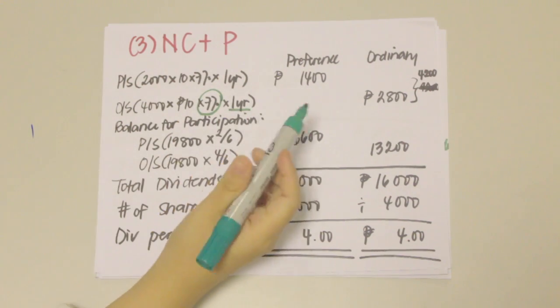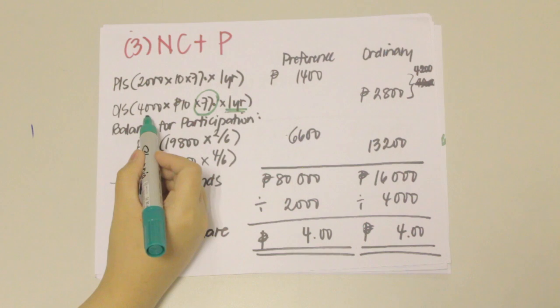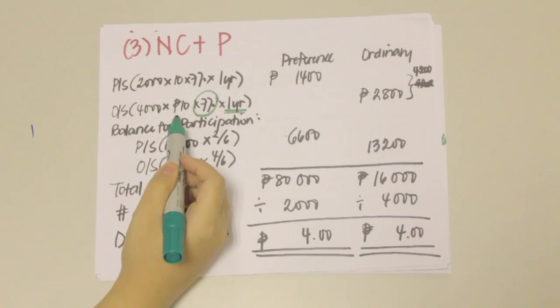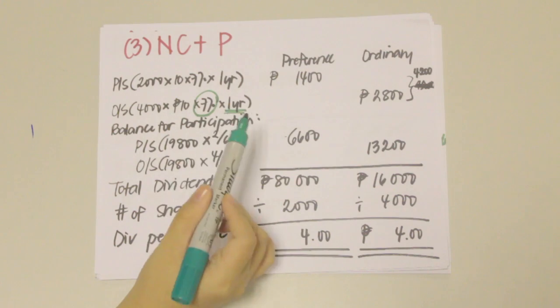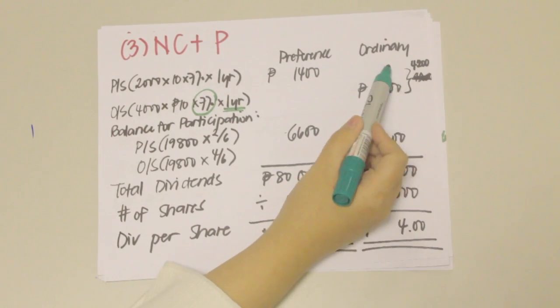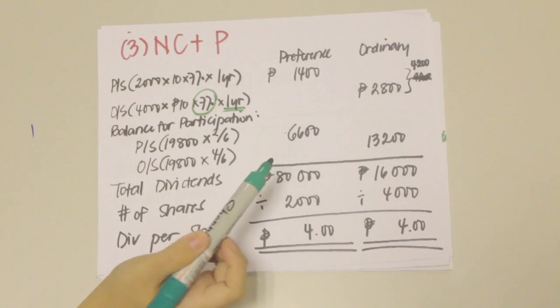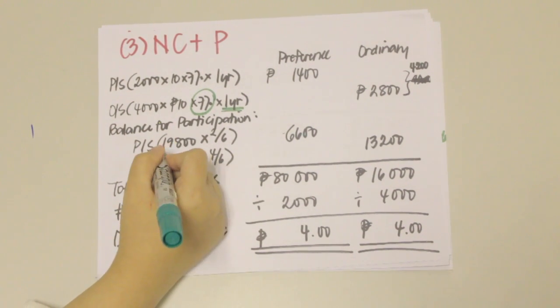But remember that we only provide for 1 year's worth. So that's 4,000 issued and outstanding shares multiplied by 10 pesos par value, multiplied by 7%, multiplied by 1 year, we get 2,800. So that amounts to 4,200, meaning we have a balance for participation of 19,800 here.